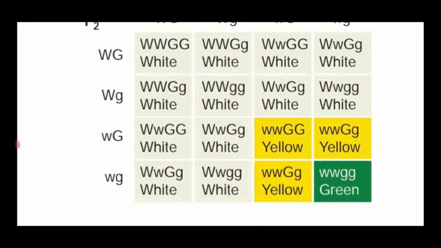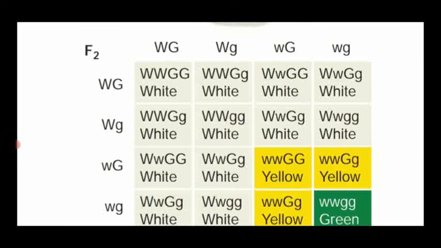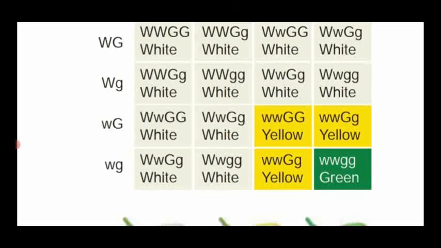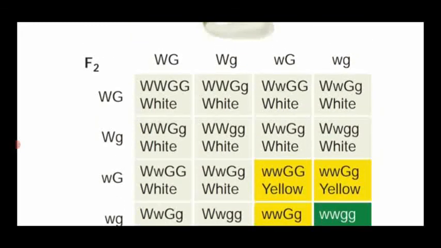See, out of 16, the first row fully has capital W. The second row also has capital W. In the third row, only the first two columns have capital W. Likewise, in the fourth row, the column has WW. So these are all the 12 with the dominant gene, with the allele showing the white color fruits.